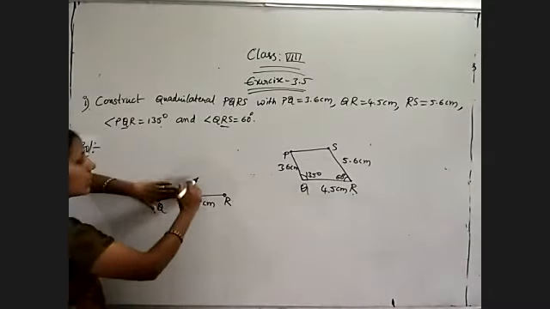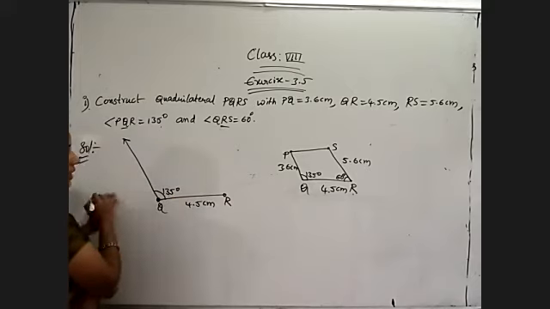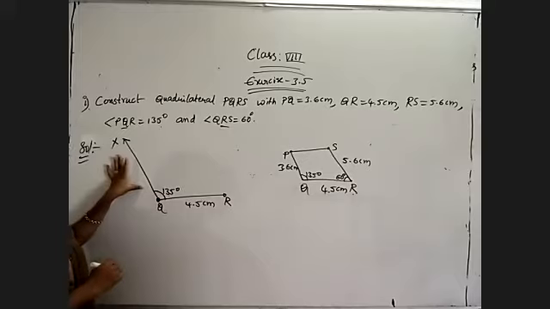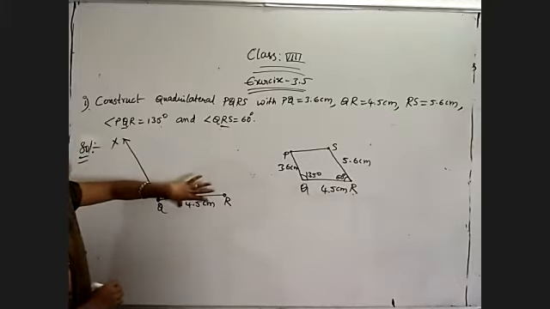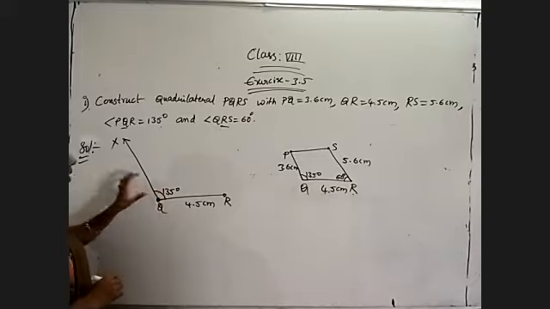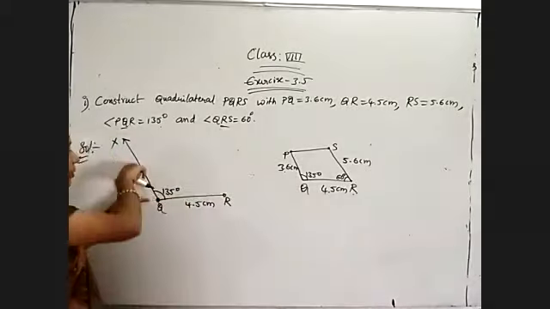So take 135 degrees. That means an obtuse angle I will get. So angle Q equal to 135 degrees. You must measure with the protractor, and it is ray QX. Ray QX making an angle of 135 degrees with the line segment QR. Side angle over. Now take this side, PQ equal to 3.6 centimeters given. Observe the rough figure, 3.6.